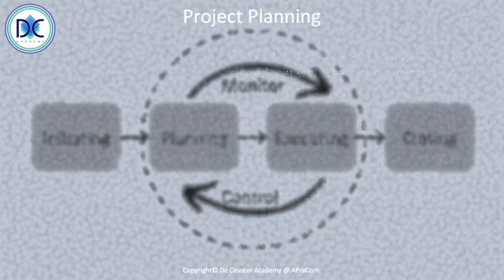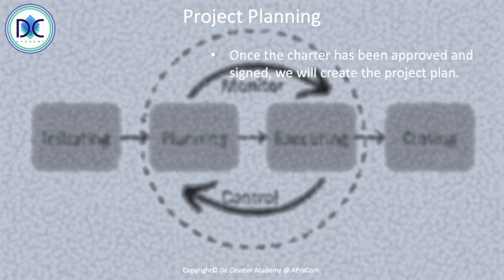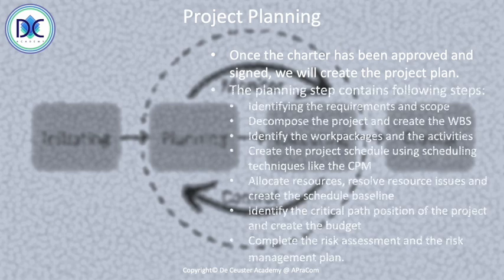So project planning, we are looking at the charter that has been approved. And once the charter has been approved, we will create the project plan. The project plan is composed of a number of different steps. First of all, we have to identify the requirements and the scope. Then we decompose the project and create the work breakdown structure.